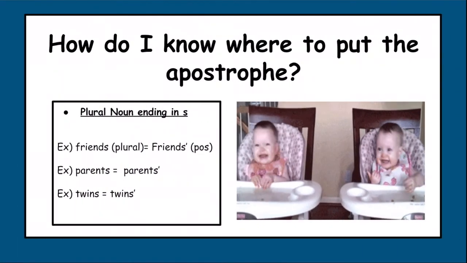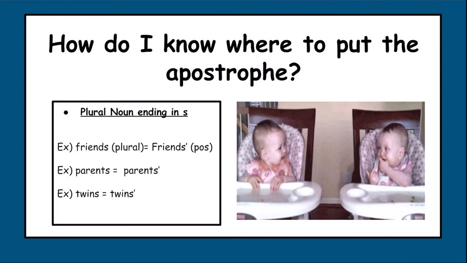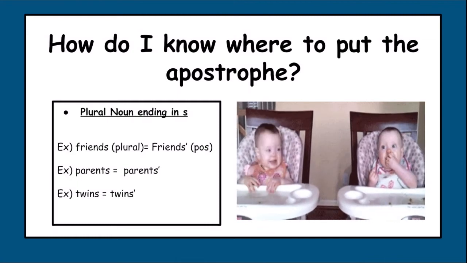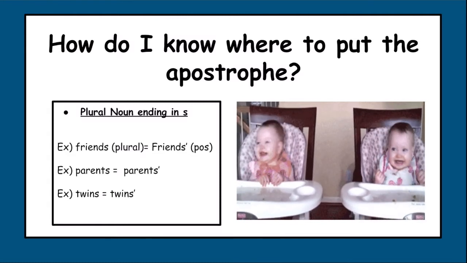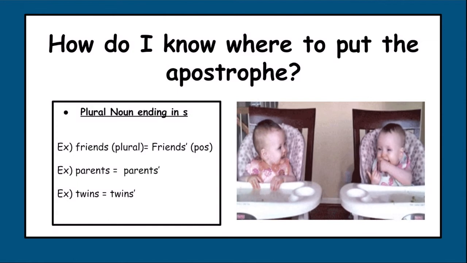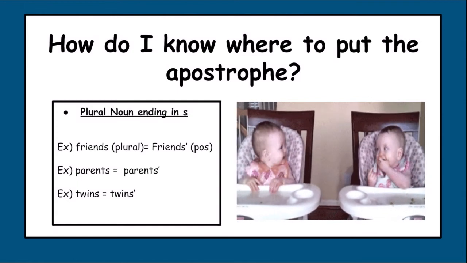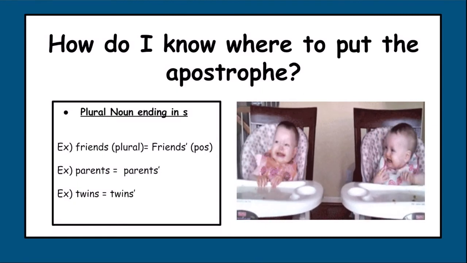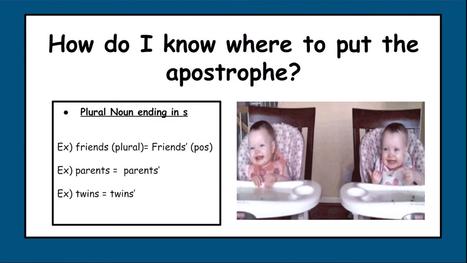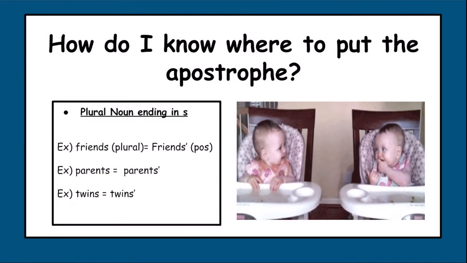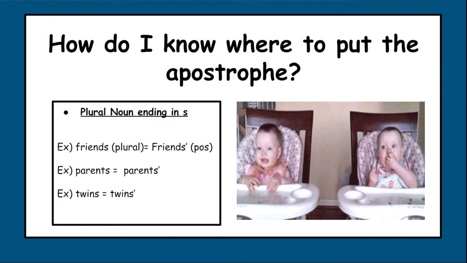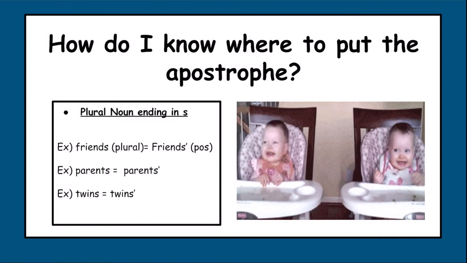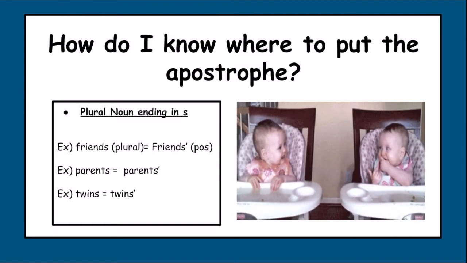Next is if we have a plural noun that already ends in S. So these are nouns that already end in S. If they already end in S, you just put an apostrophe after the S. So like before when we talked about friends, when we talked about Sophia, Jalea, Anastasia, and Ning, they're all friends, it's plural. We would put the apostrophe after to show possession. Next example that we have is parents, right?